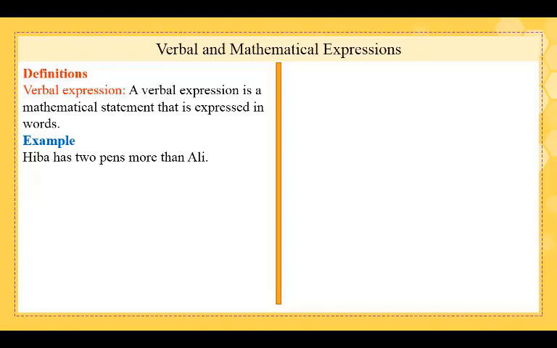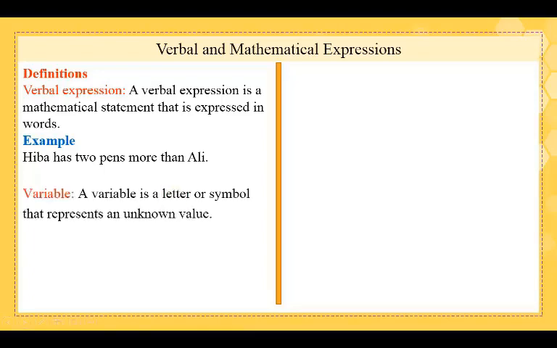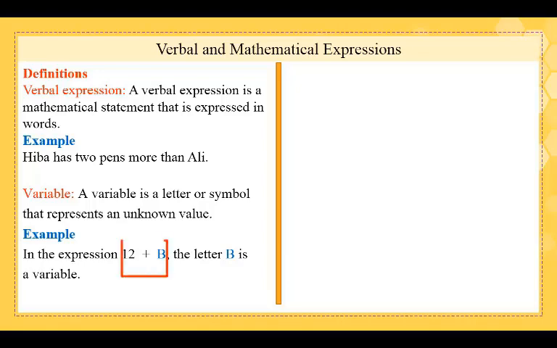Variables? What do you mean by variables? A variable is a letter or symbol that represents an unknown value. For example, in the expression 12 plus b, the letter b is a variable. Now, what about a mathematical expression?